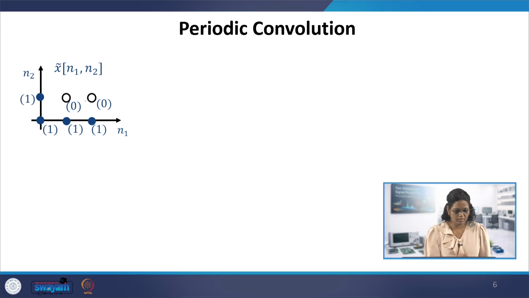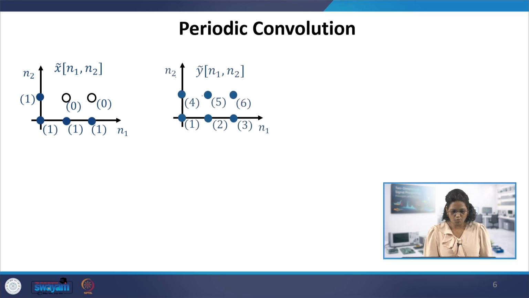These two values are 0, that's why it is not filled, but the sequence exists in the other positions and has a repeated pattern. Similarly y tilde of n1 comma n2 also has 1 2 3 4 5 6. So we are going to convolve these two sequences.